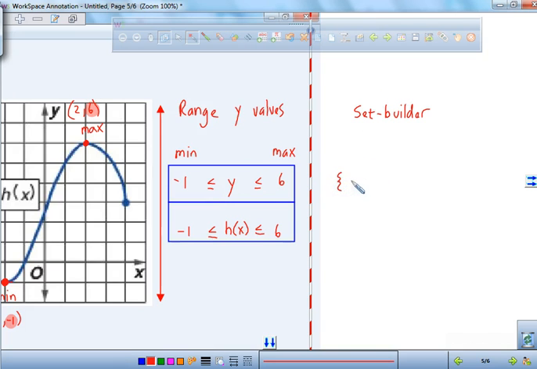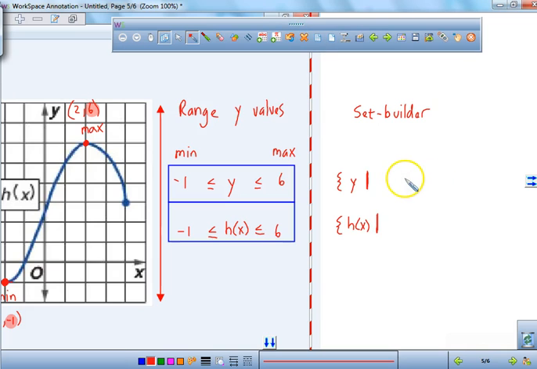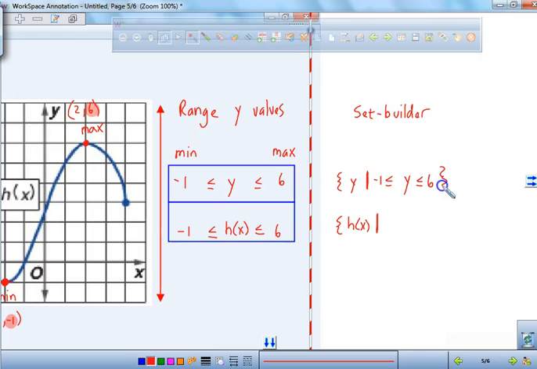So I'm going to put the set of all y values, such that, or I could put the set of all y values known as h of x, such that. That's supposed to be like a vertical bar, all right? Such that all of my y values are less than or equal to 6 and greater than or equal to -1, and then I close it.